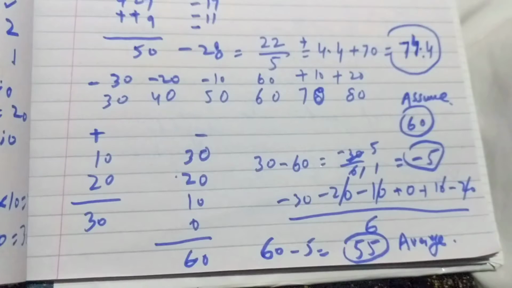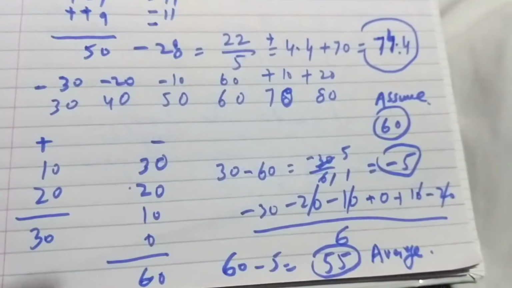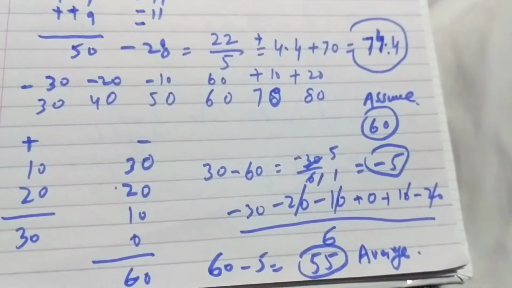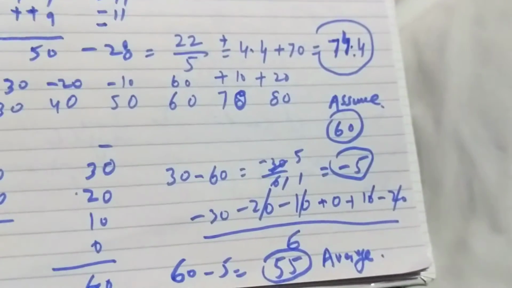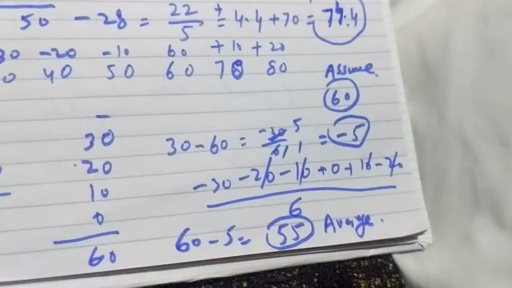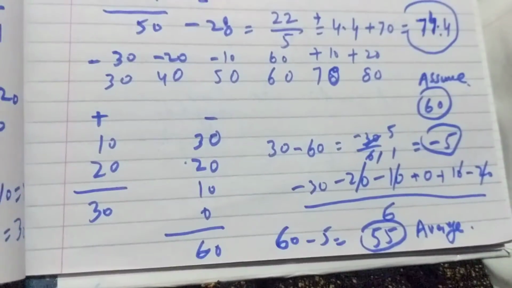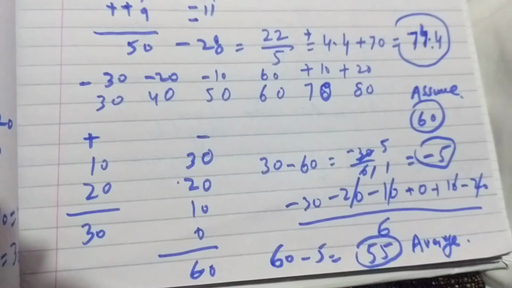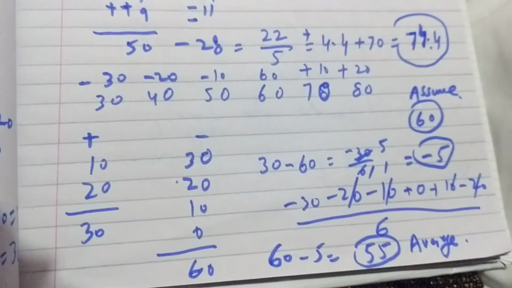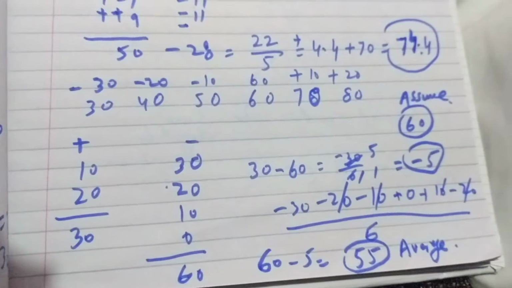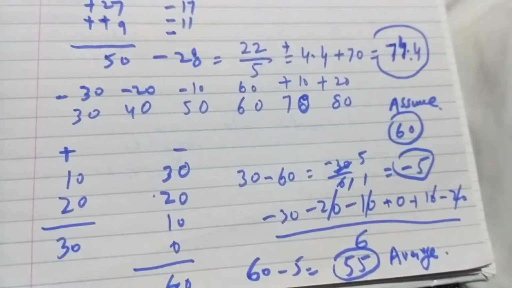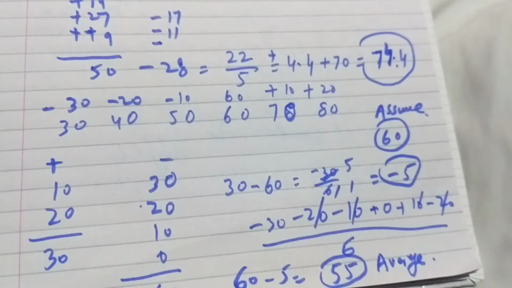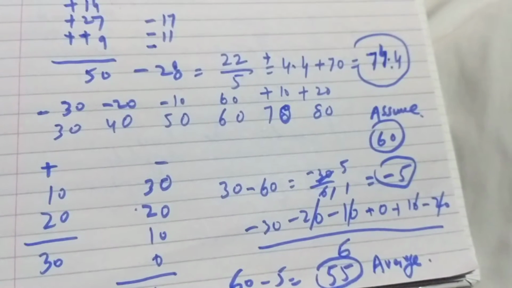The values are 30, 40, 50, 60, 70 and 80. We assume the value of average as 60. Minus 30 is less from 60, the original value is 30. Similarly, minus 20 is less from 60, the value is 40.